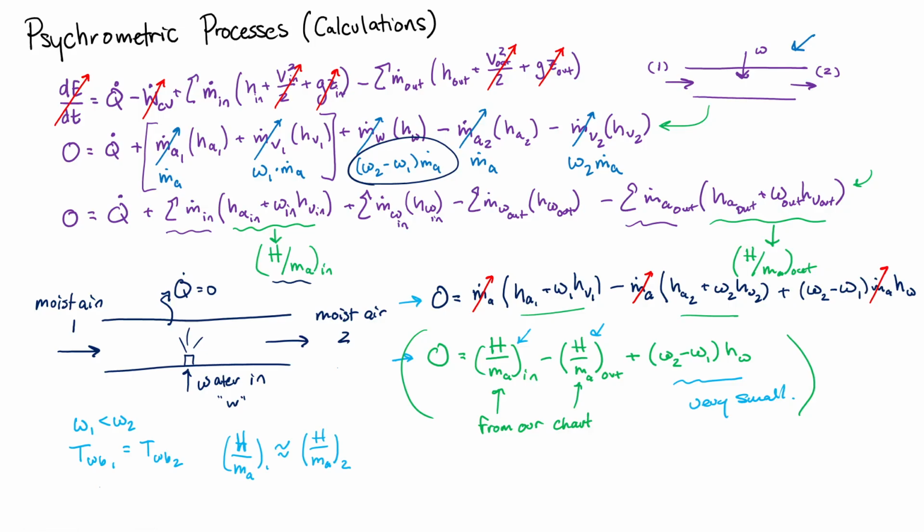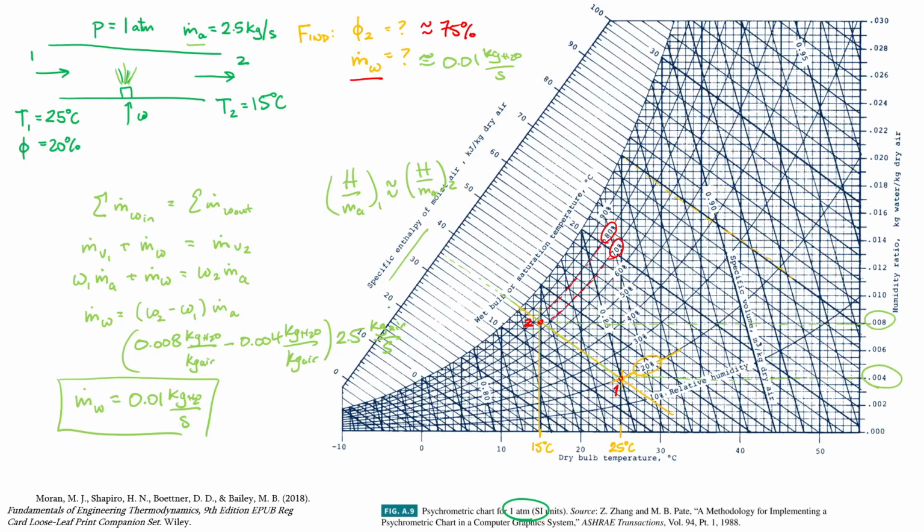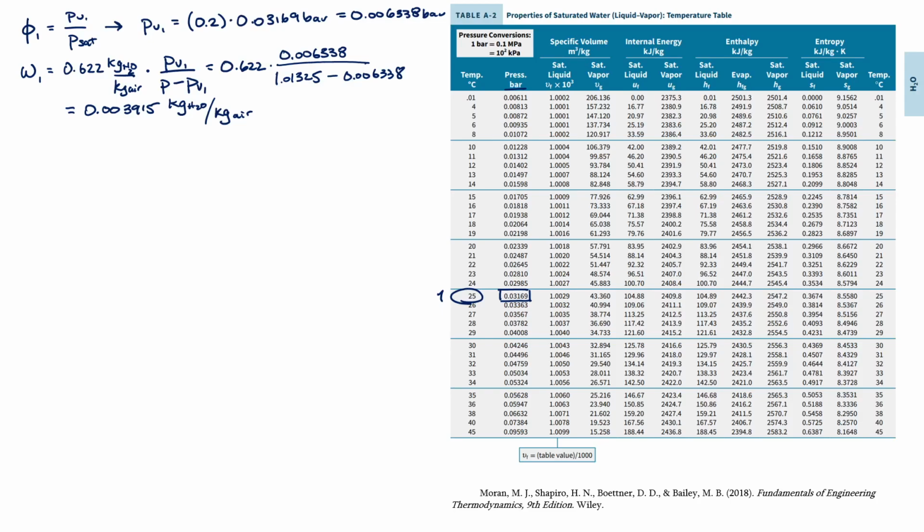We were able to get away without it. We can't use this one because we don't have this capital H over MA. We don't have the tables for this. So we're going to use this top guy right here. And I am going to write it out with the mass flow rates of air because I want to do something with them a little bit here in the future.